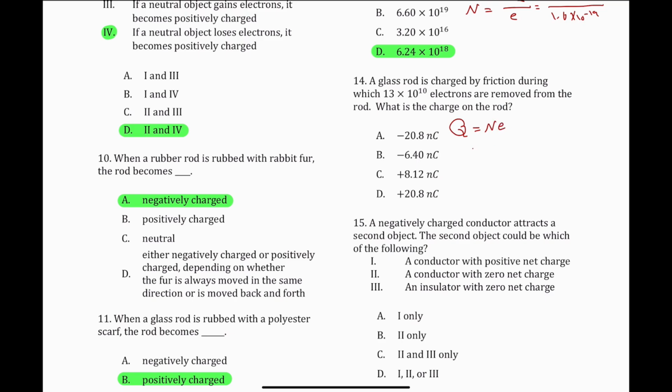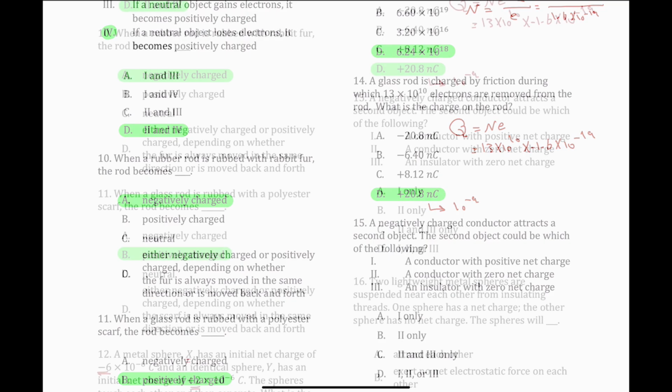That means 13 times 10 to the power of 10 times 1.6 times 10 to the power of negative 19. This number is negative. So we will get the answer D here. Nano is 10 to the power of negative 9. So do the calculations and you'll get the answer.